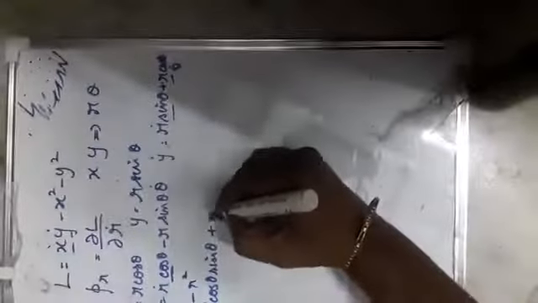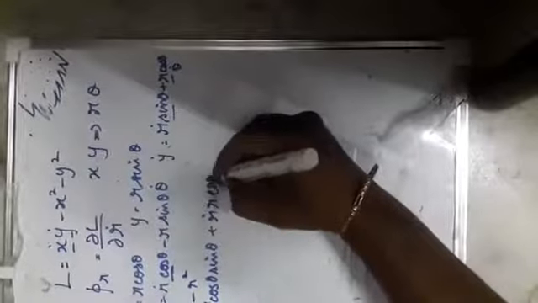So finding the Lagrangian, L equal to x dot y dot minus, instead of x square plus y square we can put r square. Multiplying x dot and y dot we get 4 terms. Multiplying the first terms we get r dot square cos theta sin theta. First term and second term we get plus r dot r cos square theta theta dot.